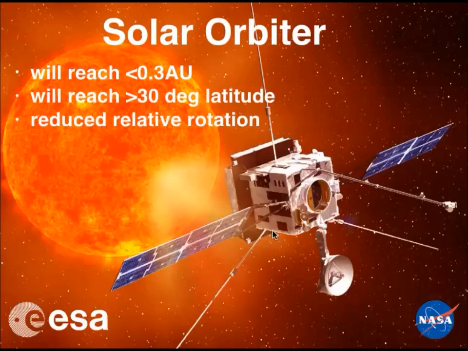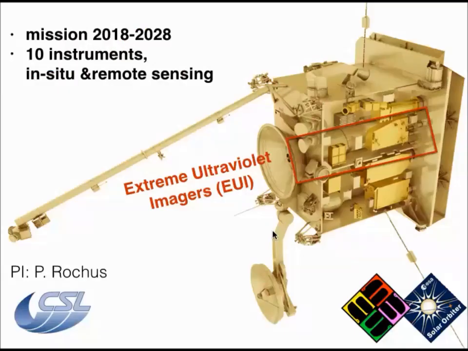So it's more like a planetary flyby, it's just that the planet is the sun. And on that mission, our team will be involved in the extreme ultraviolet imager telescopes. These are 3 telescopes. PI is Pierre Rochus from CSL until it's being taken over here.